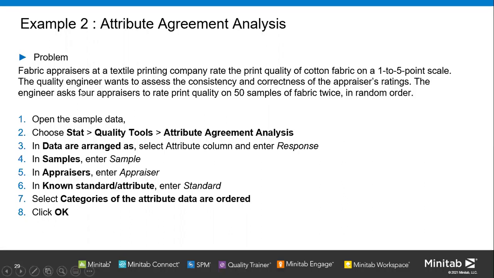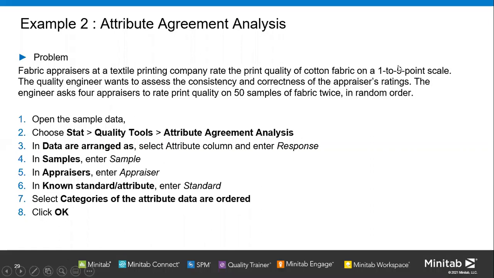The quality engineer wants to assess the consistency and the correctness of the appraisers' ratings. The engineer asks the appraisers to rate print quality on 50 samples of the fabric twice in random order. So the answer can be 1 to 5.